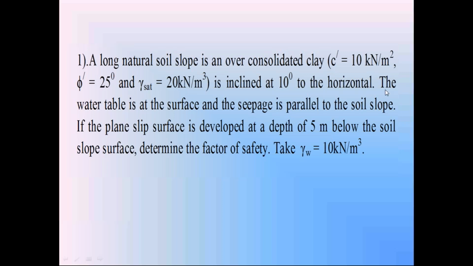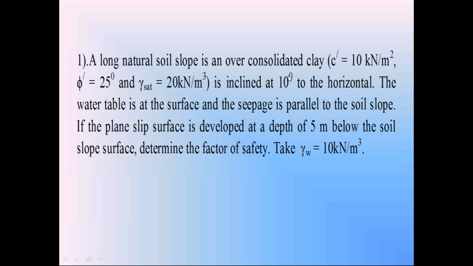They gave the cohesion of that clayey soil as 100 kilonewton per meter square, and they gave the angle of internal friction, and also the saturated unit weight, which is equal to 20 kilonewton per meter cube.